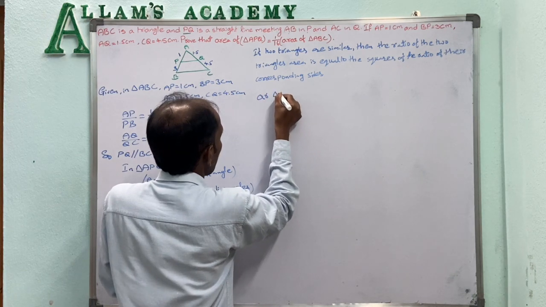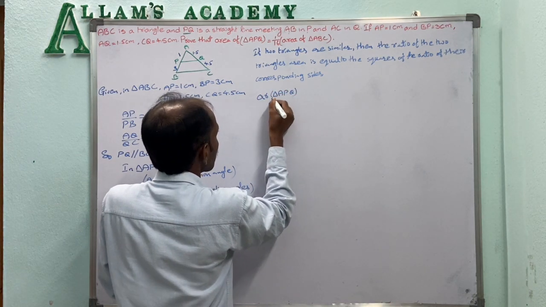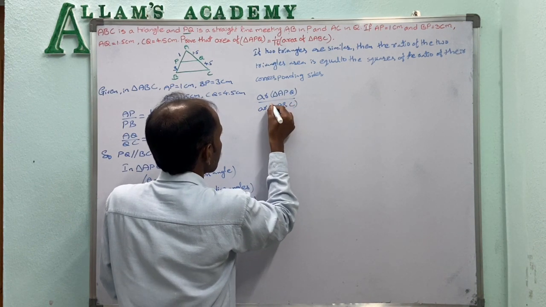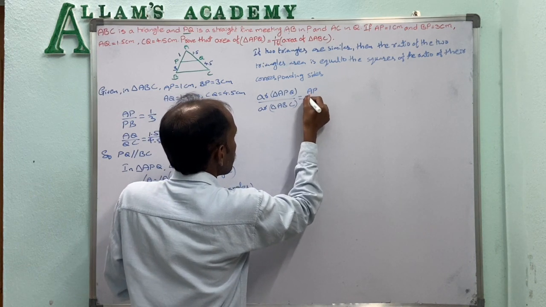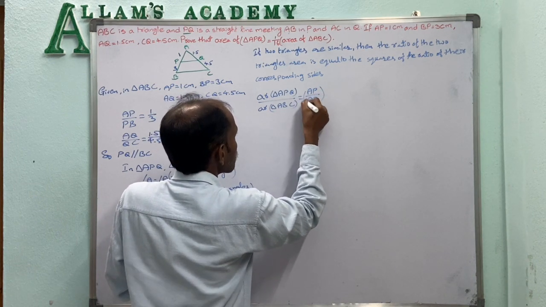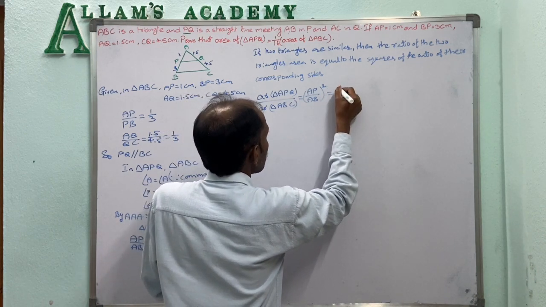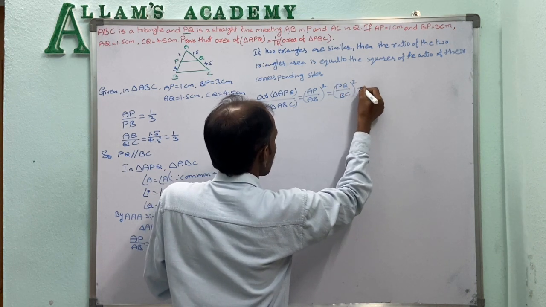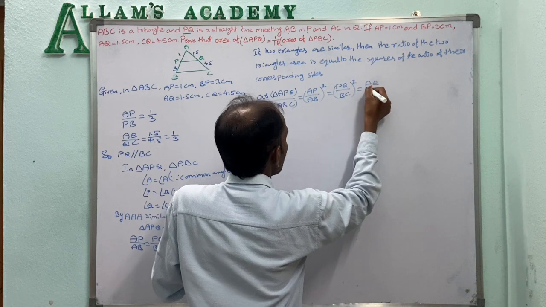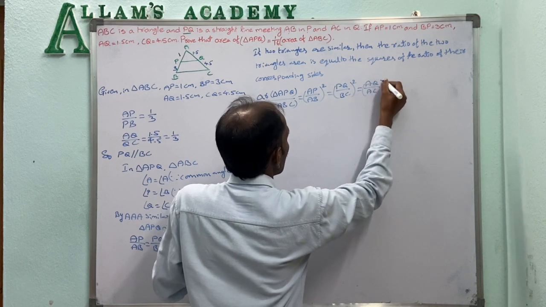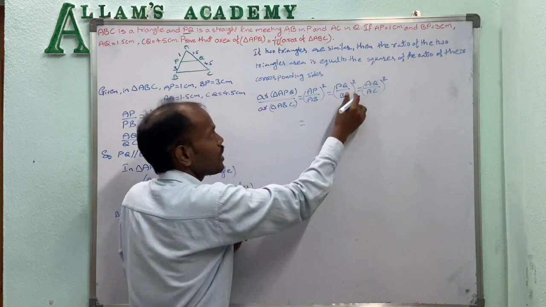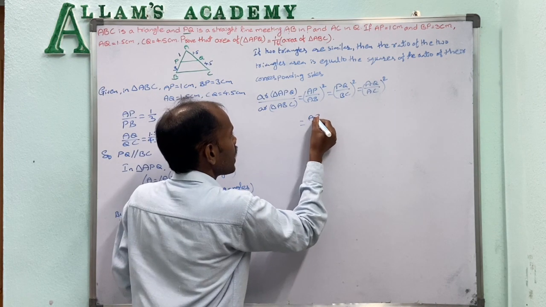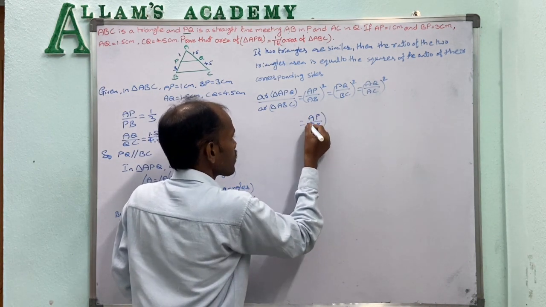So area of triangle APQ by area of triangle ABC equal to AP by AB whole square, equal to PQ by BC whole square, equal to AQ by AC whole square. Now I am taking from these three ratios AP by AB whole square.